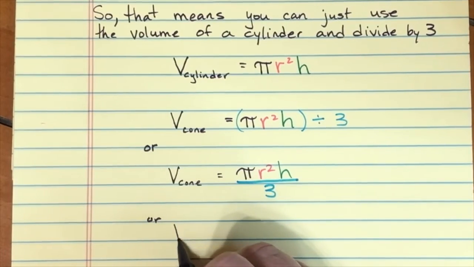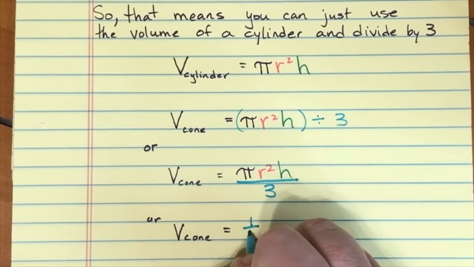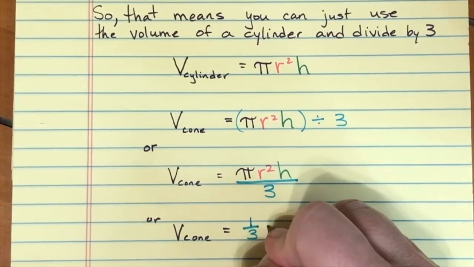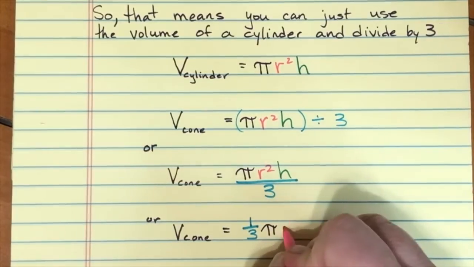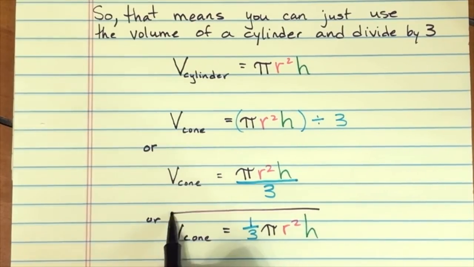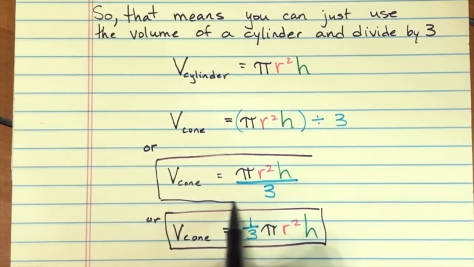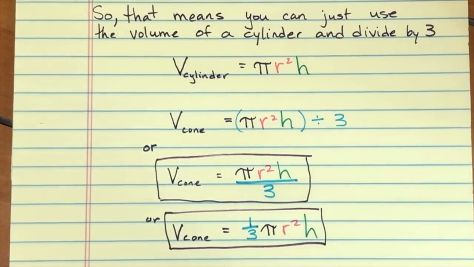That's one way we could write that. Or, instead of divided by 3, we can use 1/3. If you divide something by 3, it's in parts of 1/3, so we can take 1/3 times pi r squared times h, which is the most common way you're going to see the formula written. So most commonly, you're going to see the volume of a cone is 1/3 pi r squared times h.